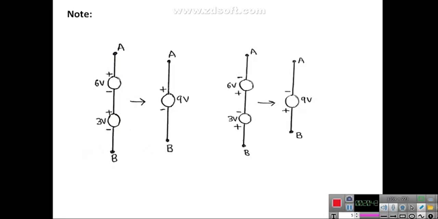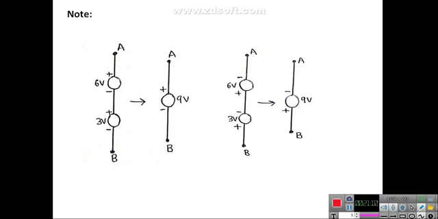Okay. Similarly, you can note down, suppose in the network you have two voltage sources in series. See here, a 6 volt source and a 3 volt source, positive and negative, positive and negative. So they are connected in series, but the negative of the first source is connected to the positive of the second source.